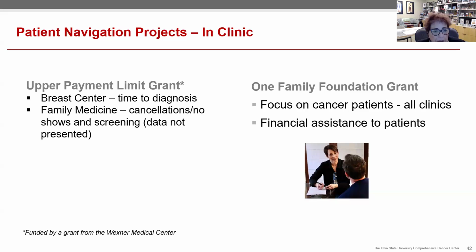And second, in the family medicine clinic, which has a high proportion of Medicaid patients, which had high cancellation and no-show rates. And then we got a small grant from the One Family Foundation to provide financial assistance to any cancer patient.